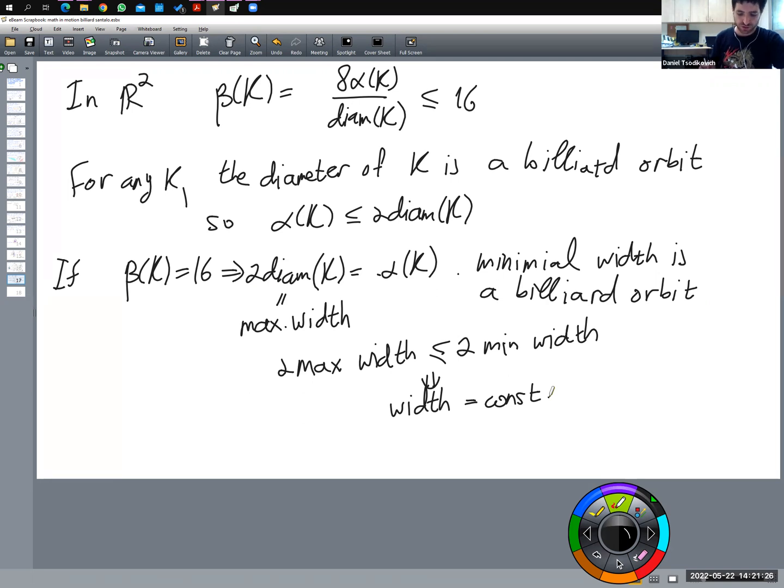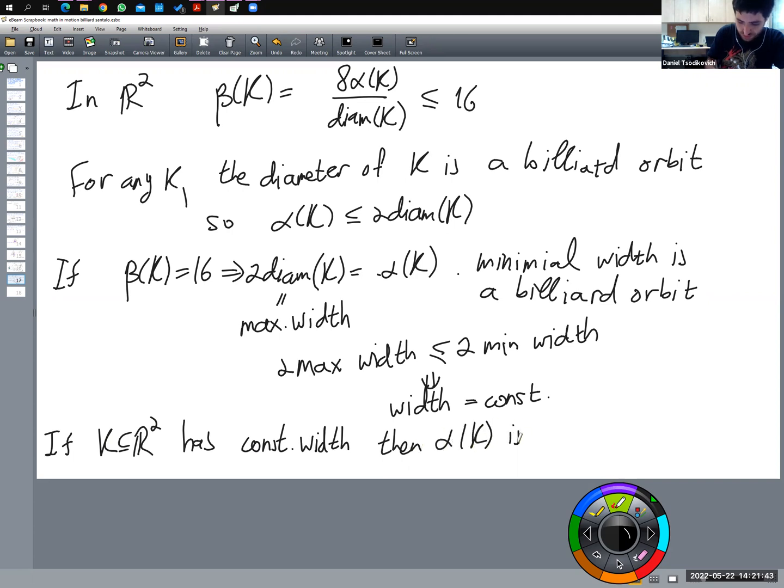And if a width is constant, then it is known that in R2, alpha K is a 2 orbit. And if it's a 2 orbit, then the shortest one is the minimal width.